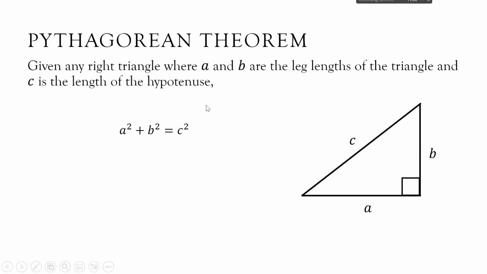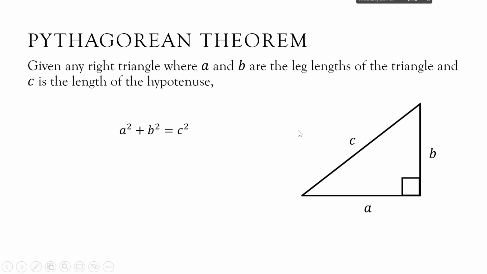So, if I have a right triangle, right being a key word here, where A and B are the legs of my triangle, the legs referring to not the hypotenuse, in this case, this bottom side and this vertical side, and C is the length of the hypotenuse, then we have the equality A squared plus B squared is equal to C squared.